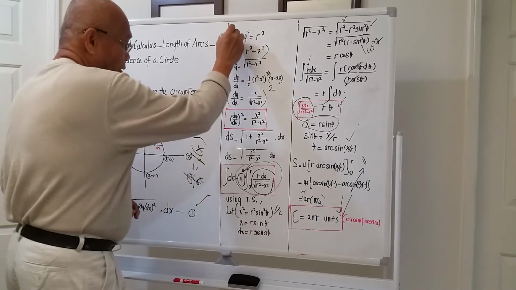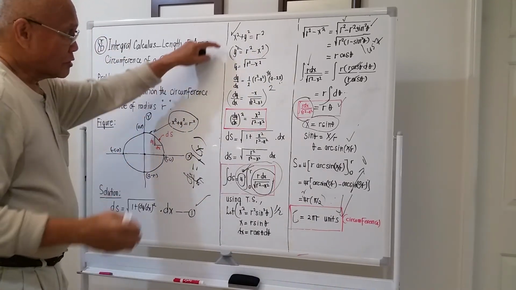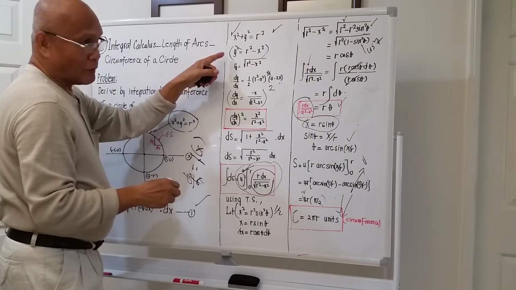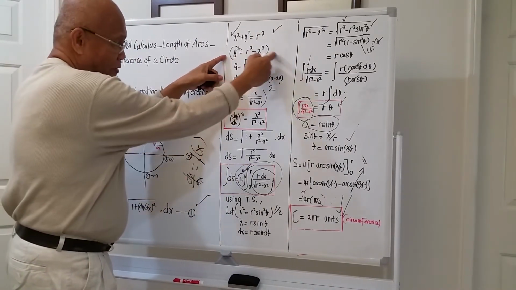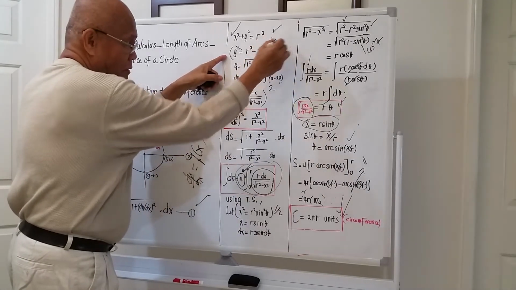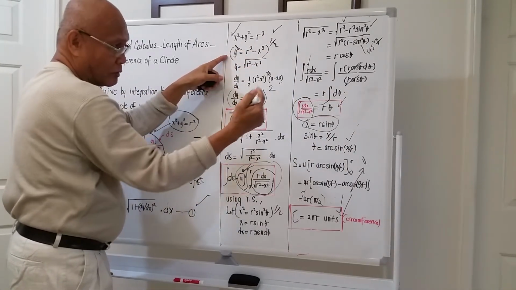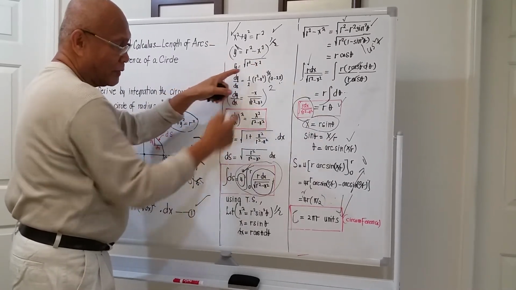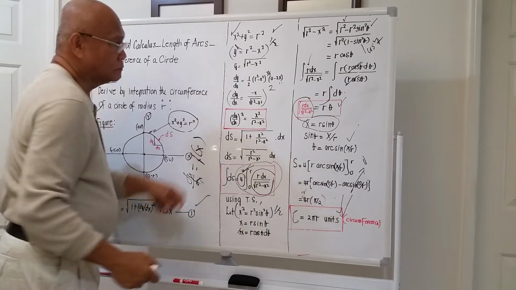Okay, let's proceed. x squared plus y squared is equal to r squared. Solving for y squared, this should be r squared minus x squared. Taking the square root of both sides, these two here cancel with this. So on the left hand side, what will remain will be y. Right hand side will be the square root of r squared minus x squared.